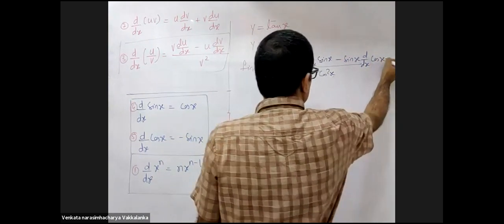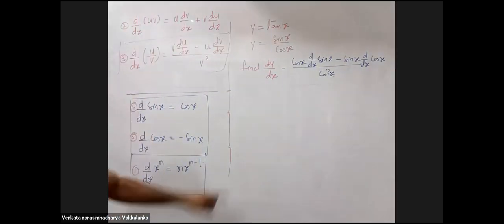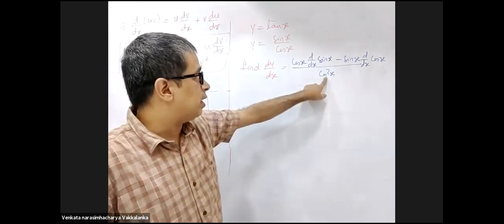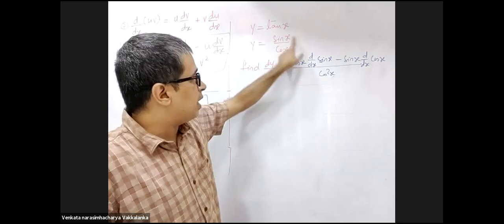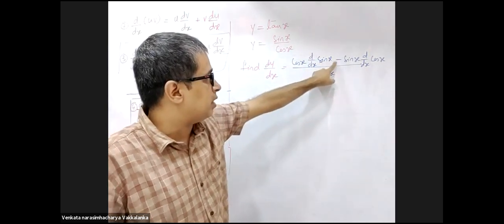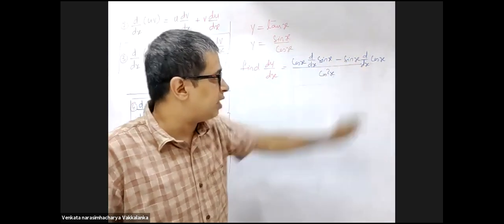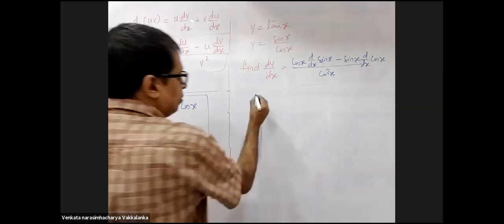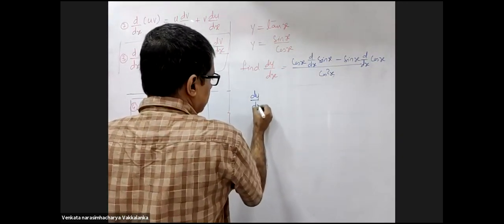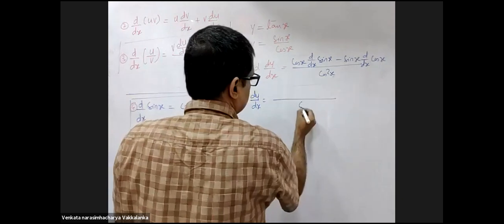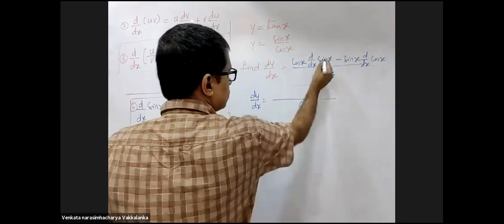Differentiate cos x. Is that part of the board visible? Yes, sir. Keep the denominator square. Keep the denominator as it is. Differentiate the numerator. Minus, keep the numerator as it is. Differentiate the denominator. dy by dx will have cos square x in the denominator.